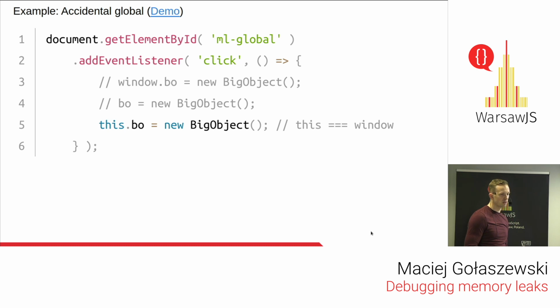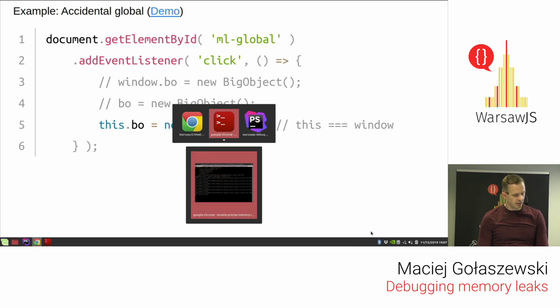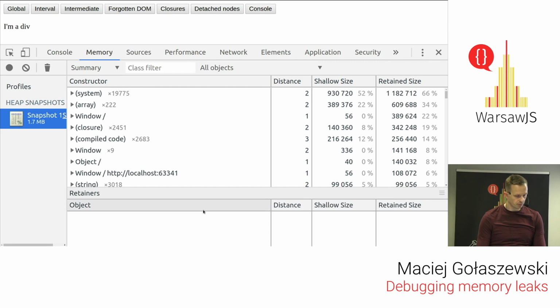It will also be attached to the window. Also, using this when you are not inside any class will be retained on the global object, and it will be retained in memory.